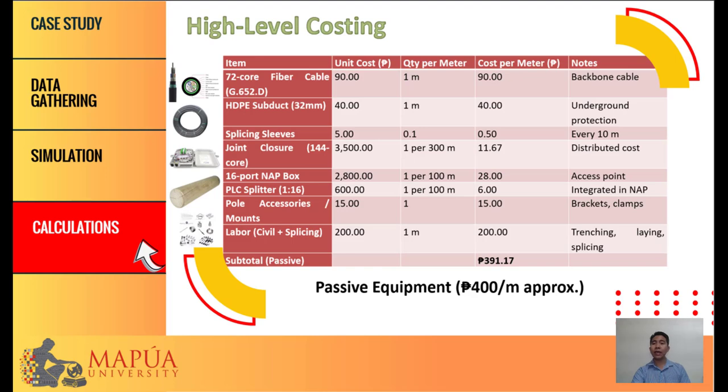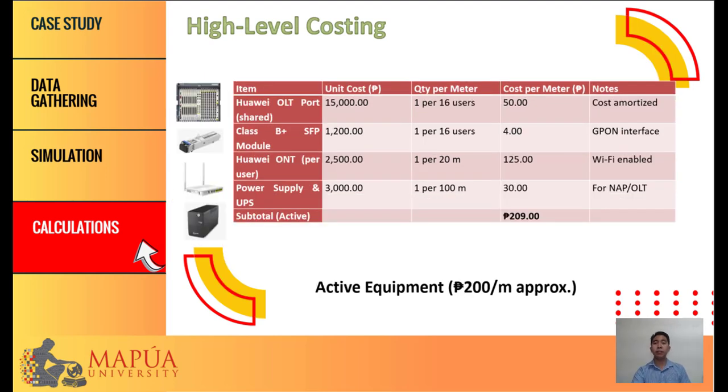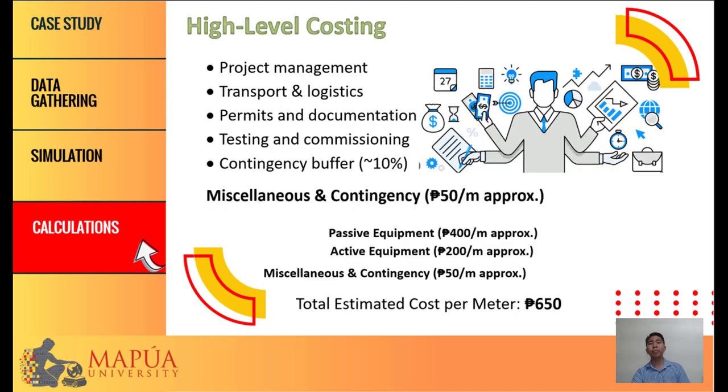At a high level, we estimate the cost of passive components, including fiber cables, ducts, splice joints, and installation, at approximately 400 pesos per meter. The estimated cost for electronics components, specifically the OLT, the optical line terminal, and the ONT, the optical network terminal, is approximately 200 pesos per meter of fiber deployment.